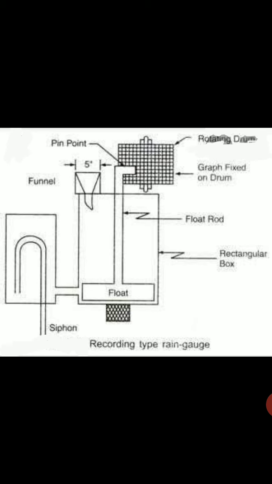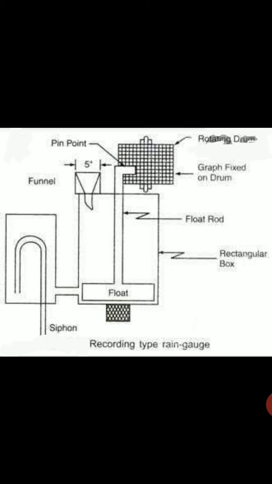In this rain gauge, a funnel is provided at one end of a rectangular container and a rotating recording drum is provided at the other end. The rainwater enters the container through the funnel. A float is provided within the container which rises up as the rainwater gets collected there.